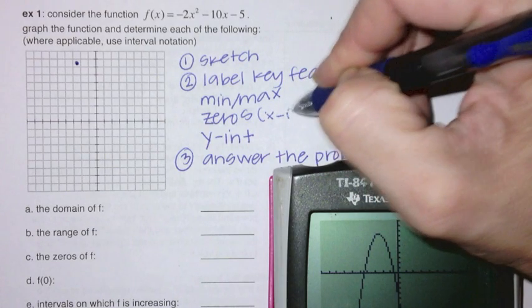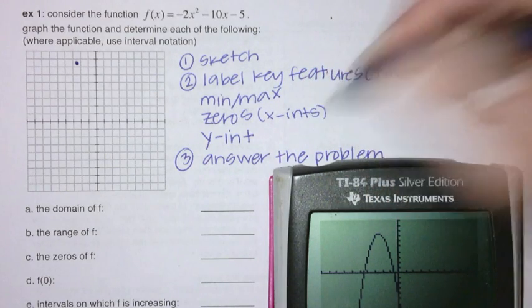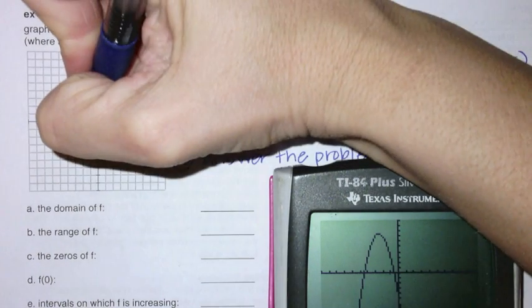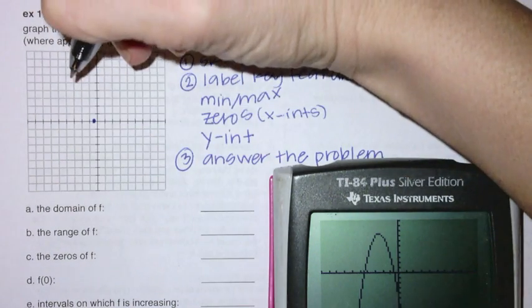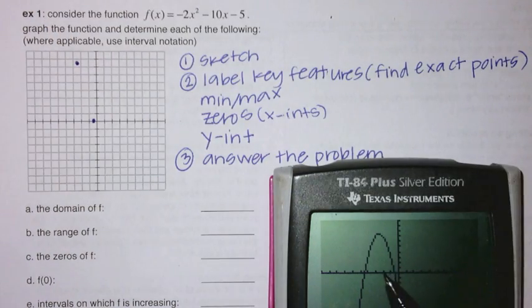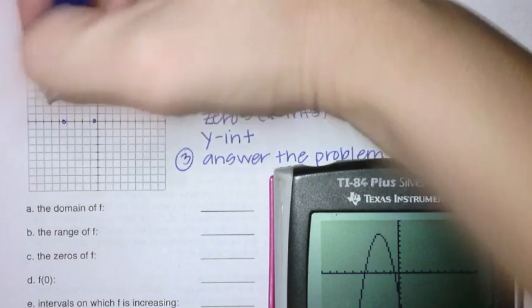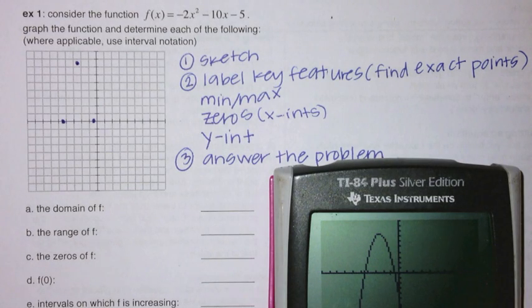So I'll draw that in there too. So I have one between -1 and 0, and one between -4 and -5. I don't know if you can see that or not, but again, I'm just counting from here.